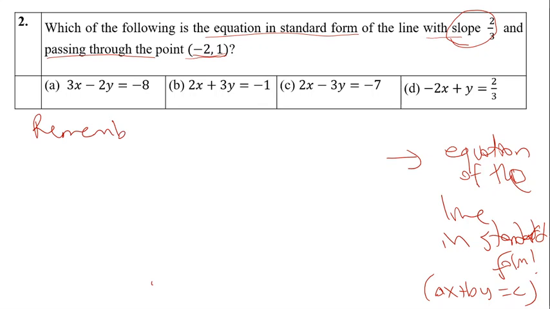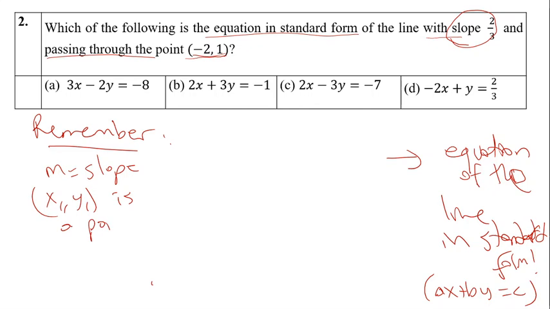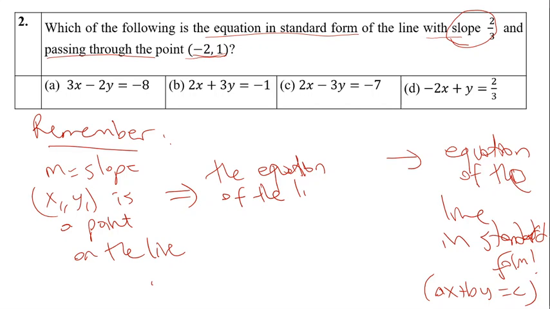Remember, m is the slope, (x1, y1) is a point on the line, then the equation of the line can be defined by this: y minus y1 equal to m times x minus x1.